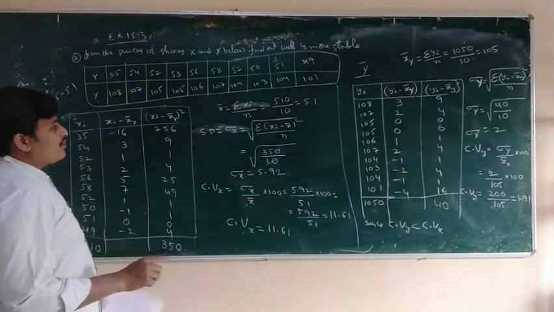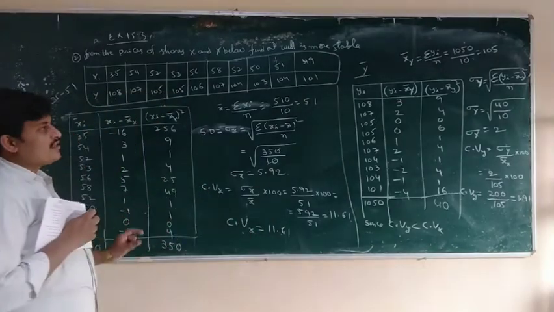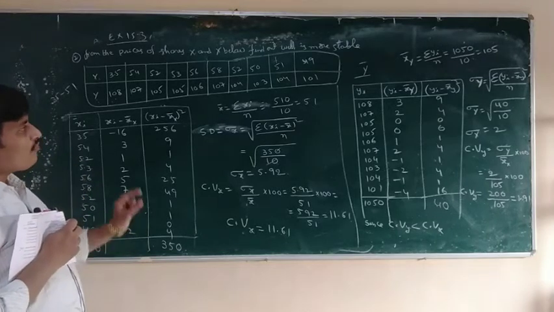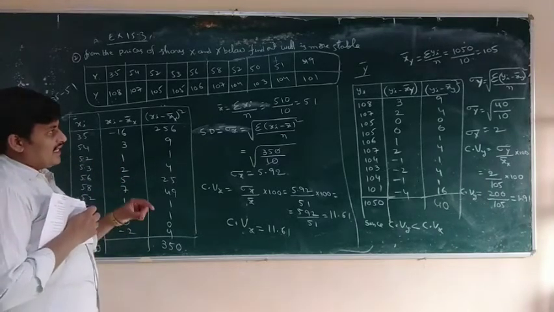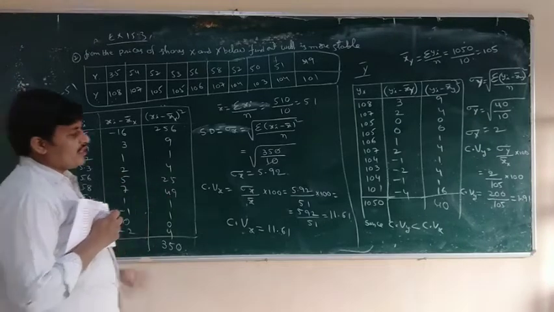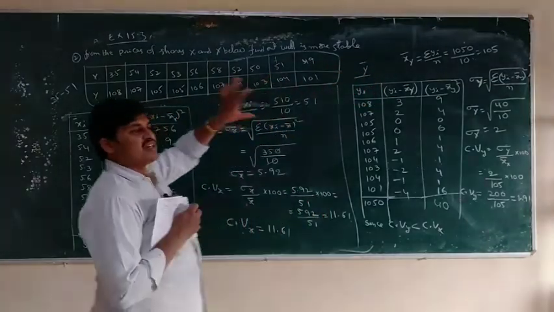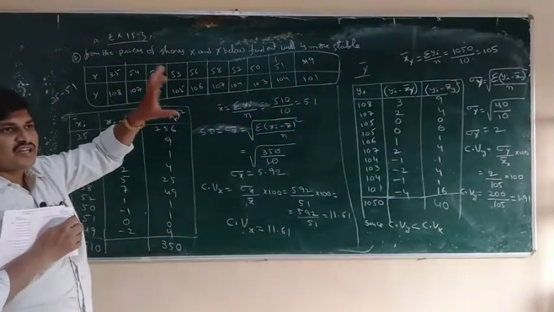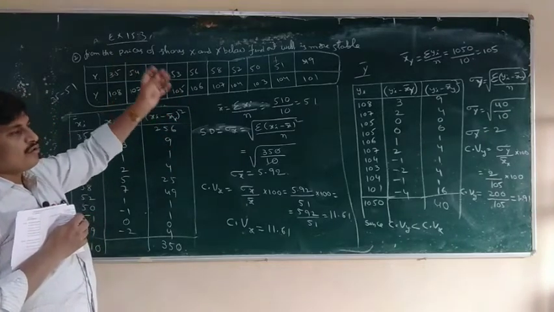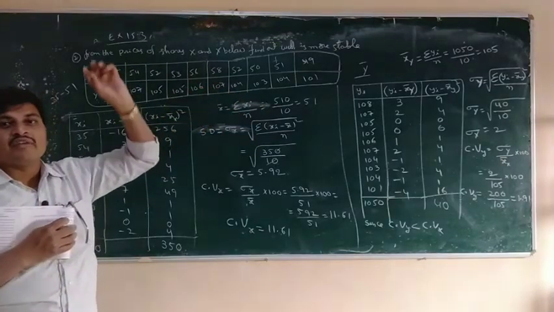A lesser value means more stable or more consistent. More stable and more consistent are the same. A greater value is called more variable.